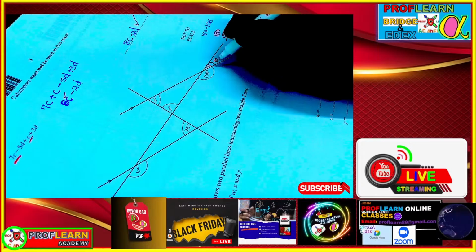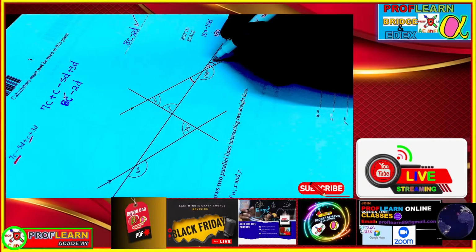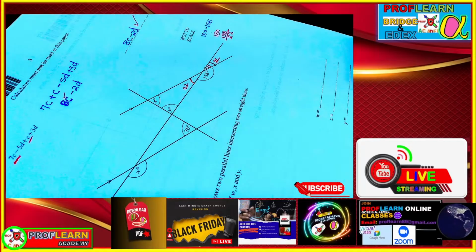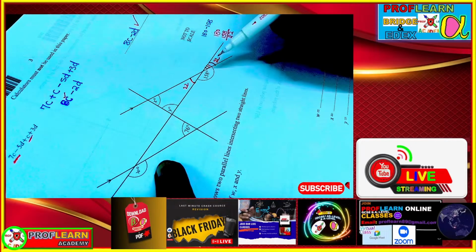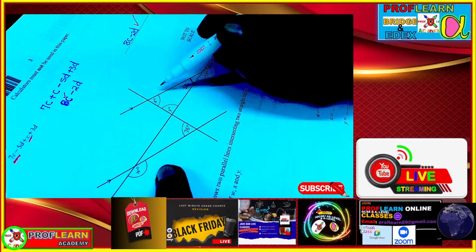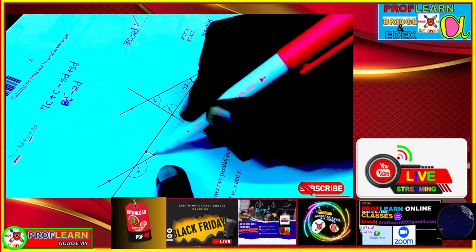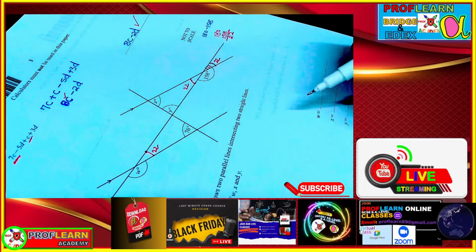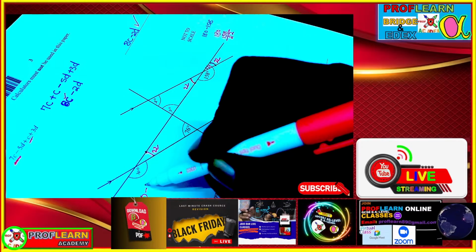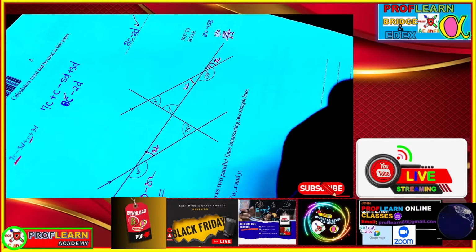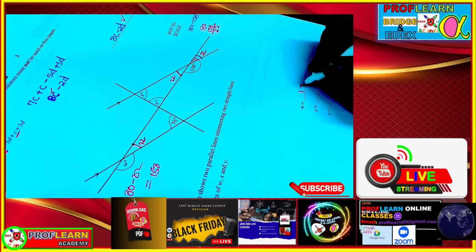Then this angle on this side will be 22, because those are vertically opposite angles. Now, since these are parallel lines, if this is 22, this angle here is also 22. So W will be 180 minus 22, which is 158. So W is 158.